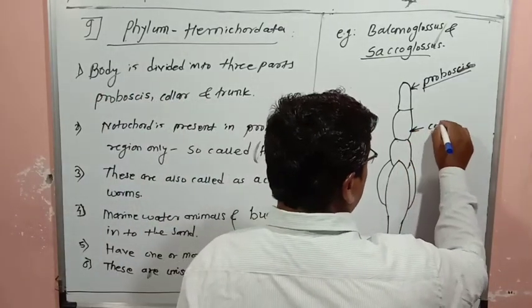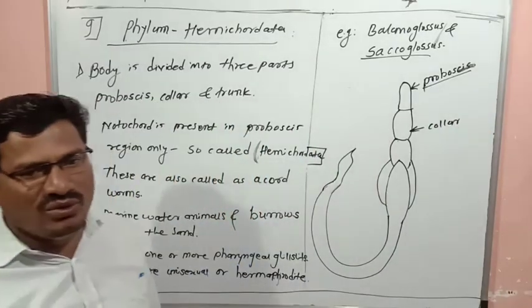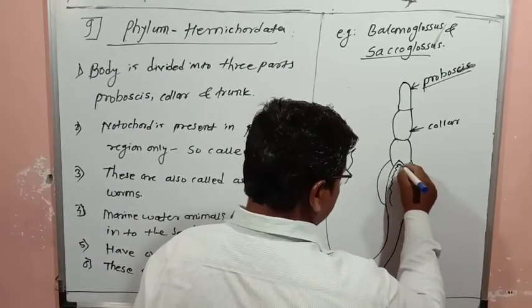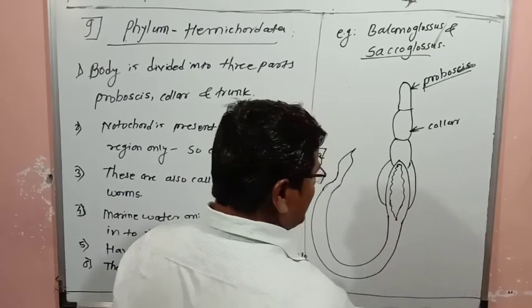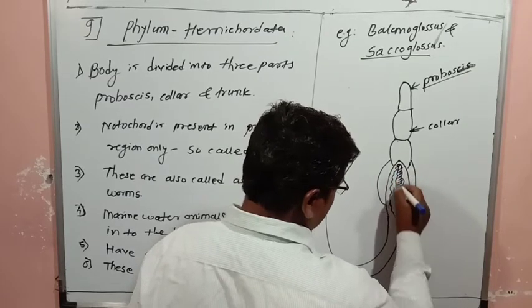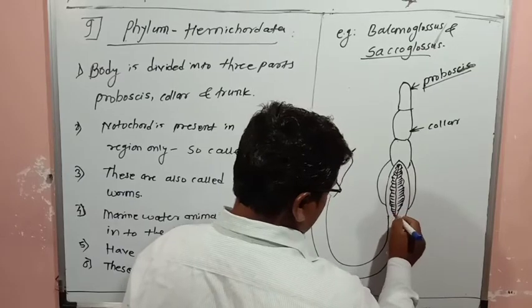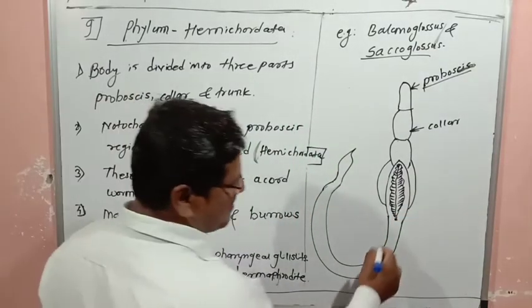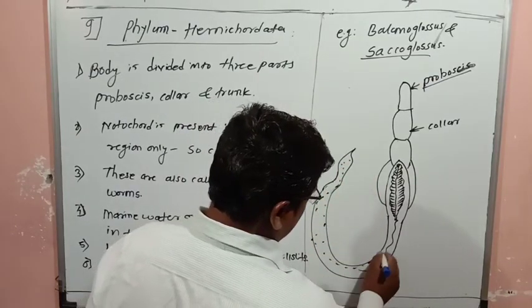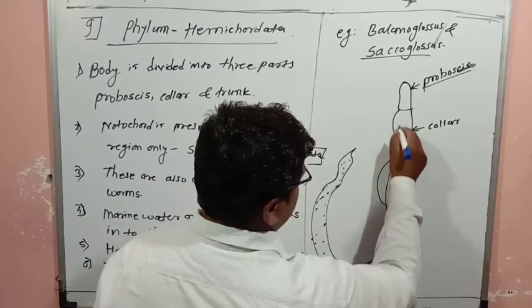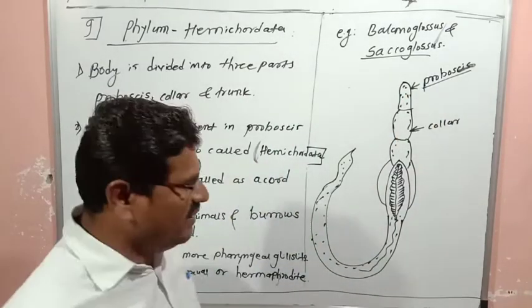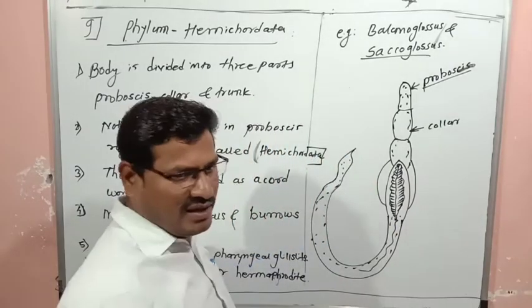You can say here, collar. Then you draw it like this: proboscis, collar, and the last part will be the trunk.